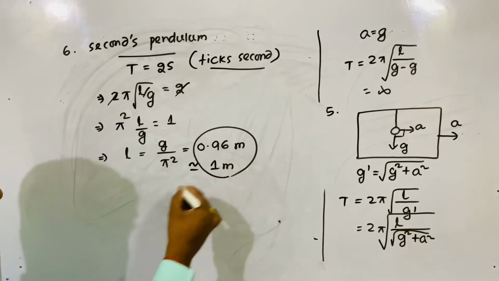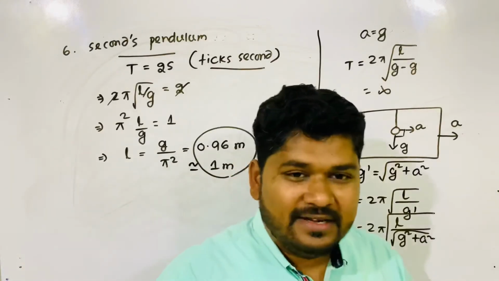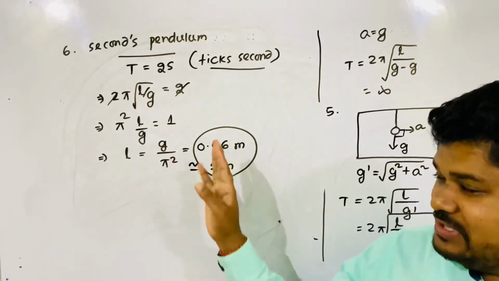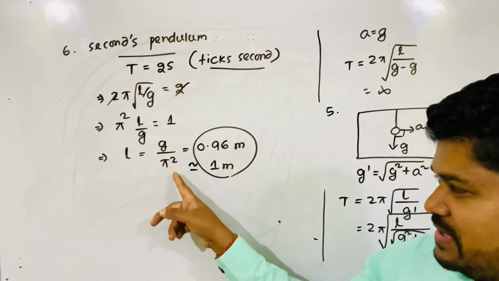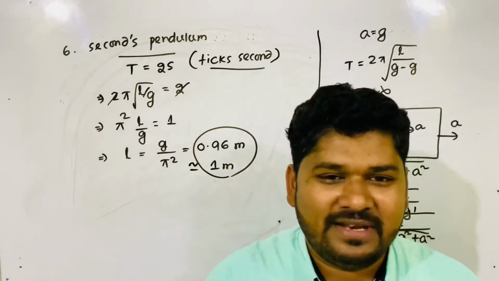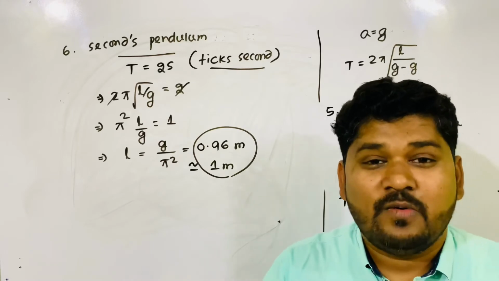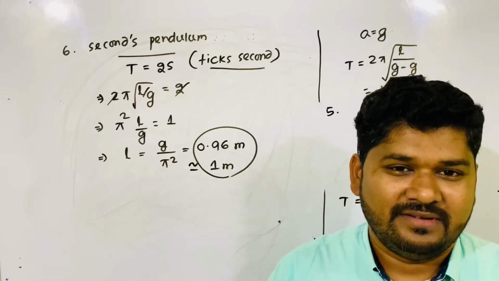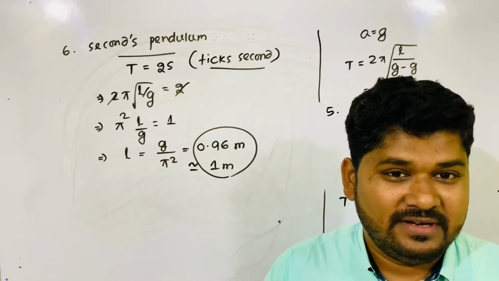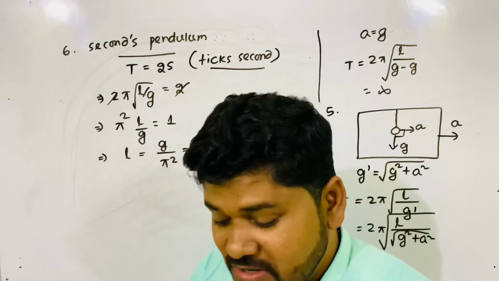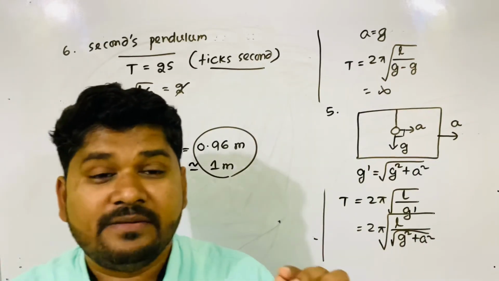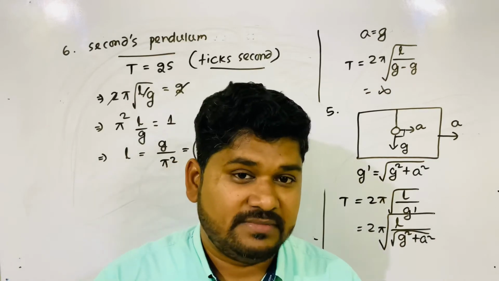This is most important. Sometimes some students, without doing the calculation g/π², directly write length of the seconds pendulum is 1 meter. You also remember this one. Length of seconds pendulum is 1 meter. Must remember.